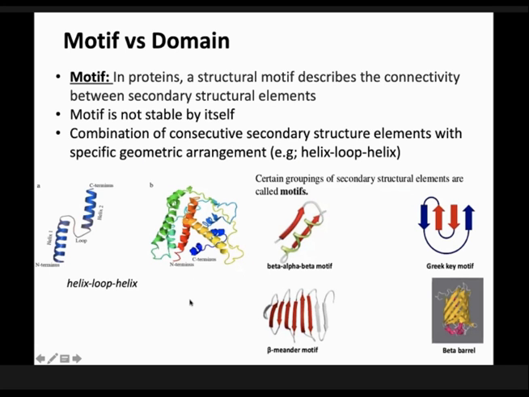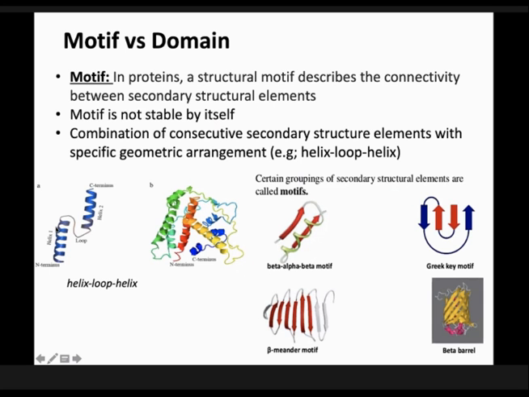Something else that you should know: what is the difference between motif and domain? In proteins, a structural motif describes the connectivity between secondary structure elements. Those are not stable by themselves. For example, helix, loop, helix.